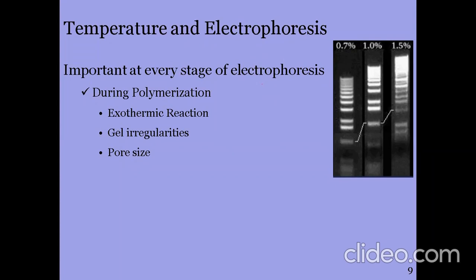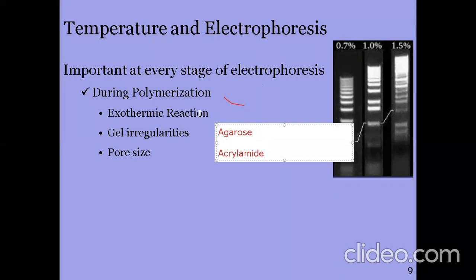So these three things, and during the polymerization of the gel, whether it is agarose gel or acrylamide gel, agarose and acrylamide, these two types of gels are normally used.